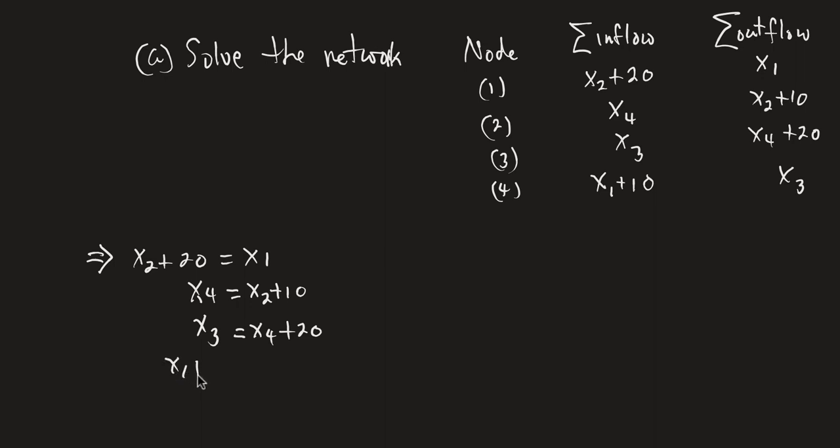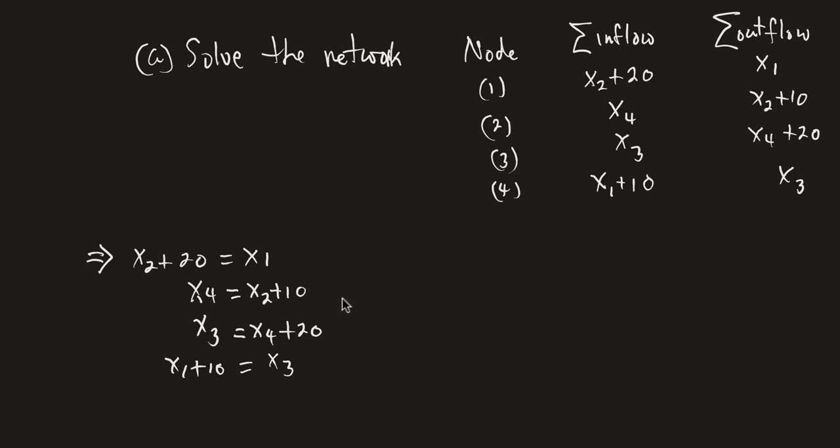And then x1 plus 10 is equal to x3. That's that conservation law, that whatever goes in comes out, right? So this is not technically in a standard form yet because we have variables on both sides, we have constants on opposite sides. So let's make this more systematic.